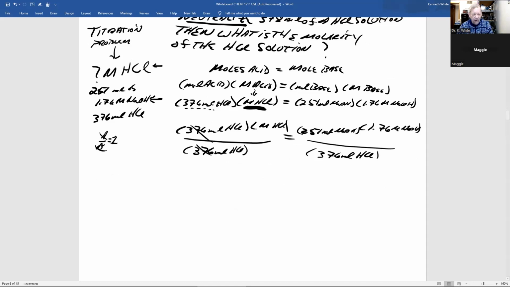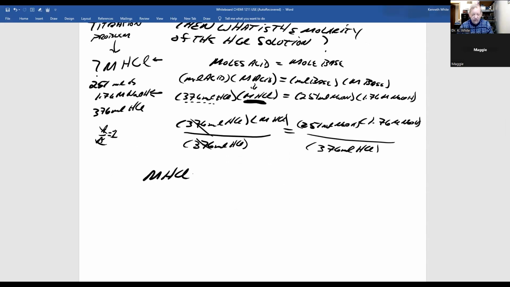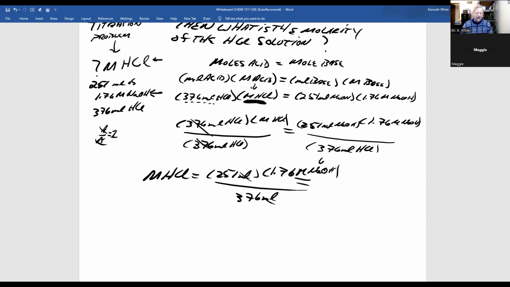I'm left with the molarity of HCl, which is what I'm trying to find, equals 251 milliliters, I won't write NaOH, 1.76 molar NaOH, divided by 376 milliliters. Milliliters cancel out. I'm left with molarity, ignore the NaOH.